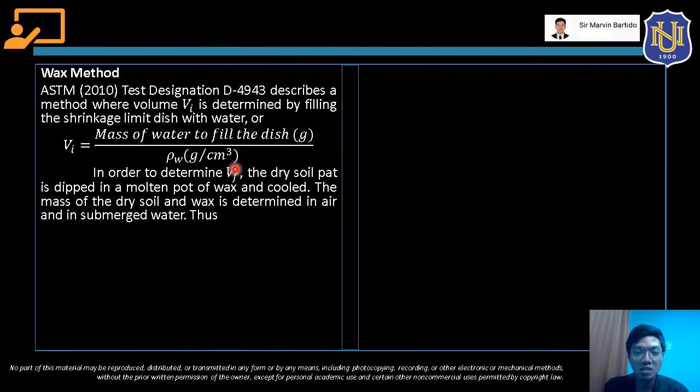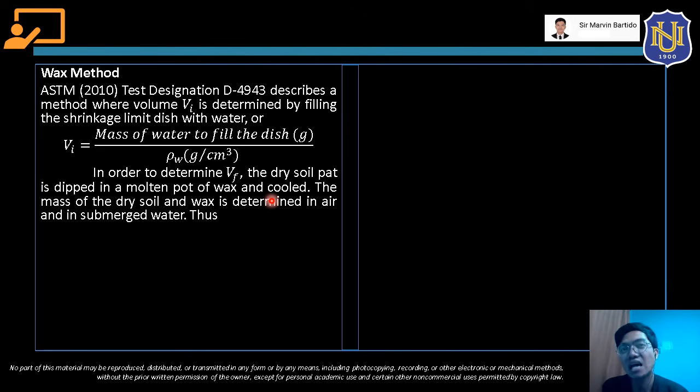Now, to determine V sub F, the dry soil pat is dipped in a molten pot of wax and cooled. Here, class, we also submerge the dry soil pat in water, like earlier when we submerged it in mercury.